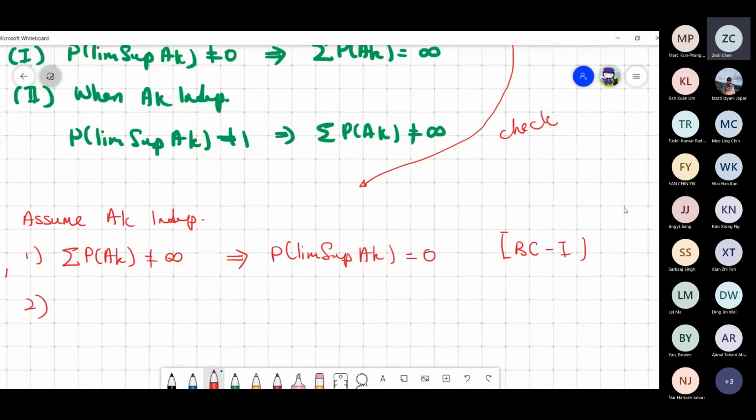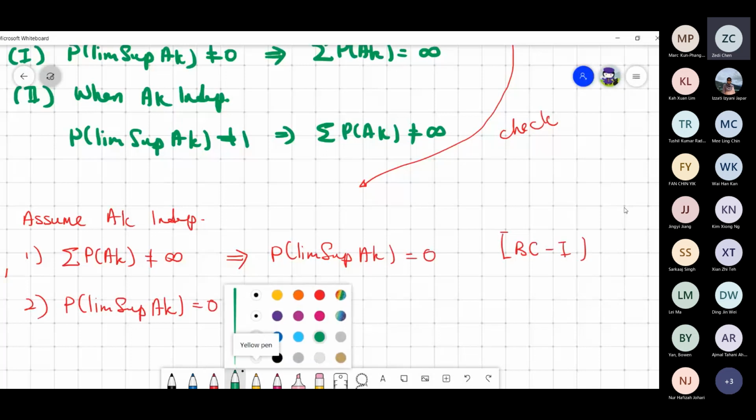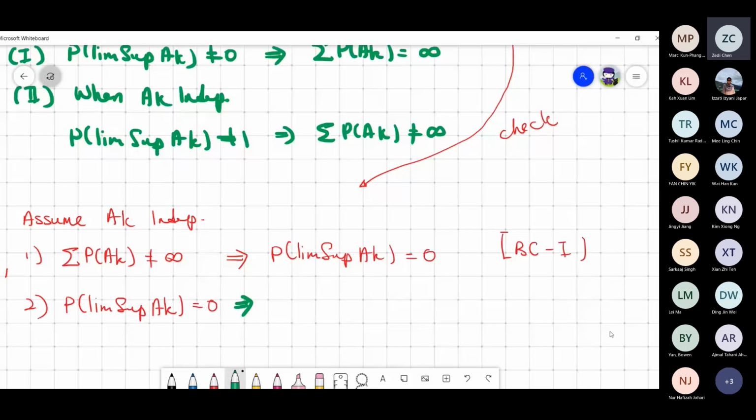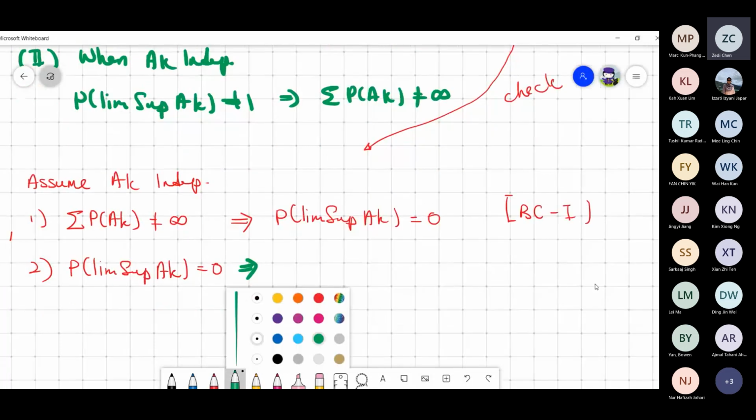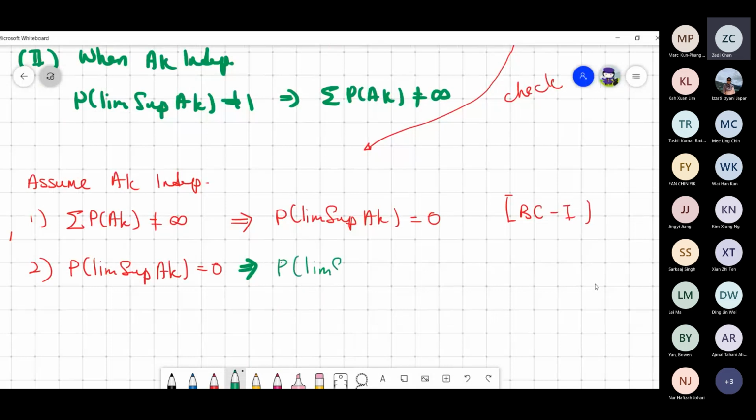And secondly, if we assume P of limit supremum of AK is equal to 0, I want to go back to this. When this one is 0, which just means that P lim sub AK cannot be equal to 1, right? 0 means it cannot be 1.